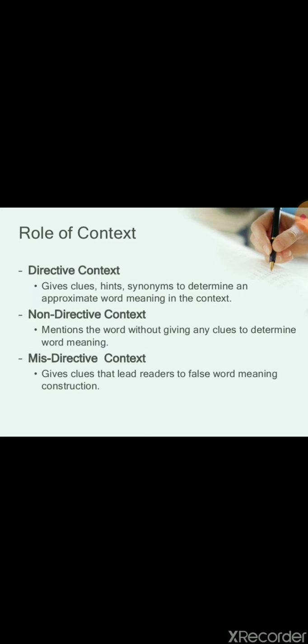Non-directive mentions the word without giving any clue to determine word meaning. Misdirective means not all the time you can get the right clue. It gives a clue that leads readers to a false word meaning in constructions. So be very mindful, whether negative or positive. Additionally, a strong vocabulary is the single best predictor of academic success in school, college and in the future as well.